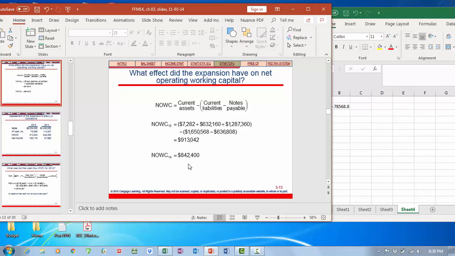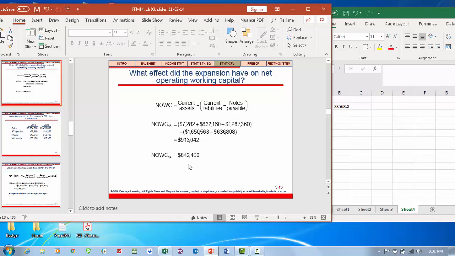Now, net operating working capital is largely the difference between current assets and current liabilities minus the notes payable. So basically it gives you some indication of how much of quick liquid funds are at your disposal for expense or any need purposes.